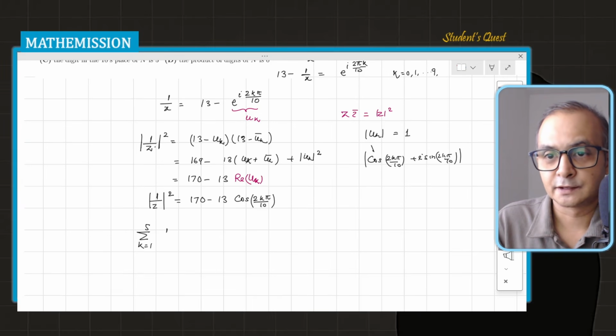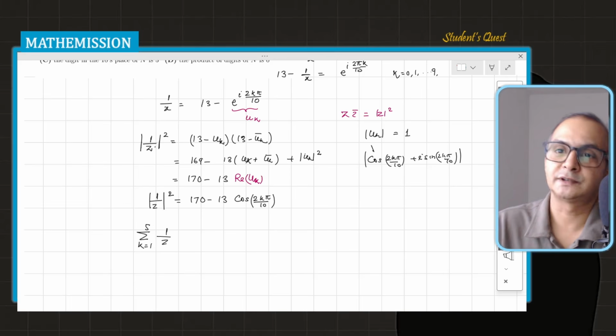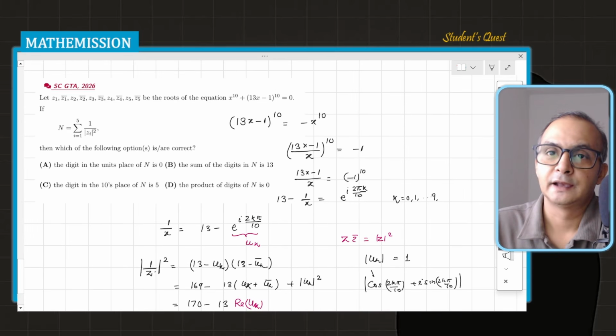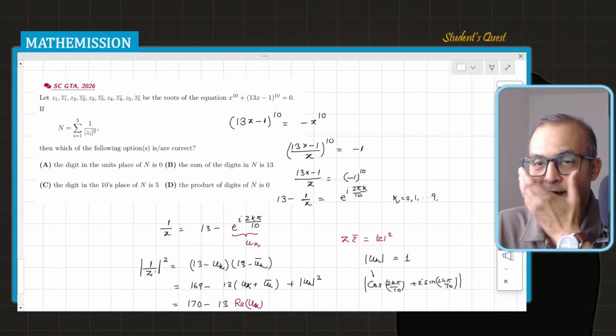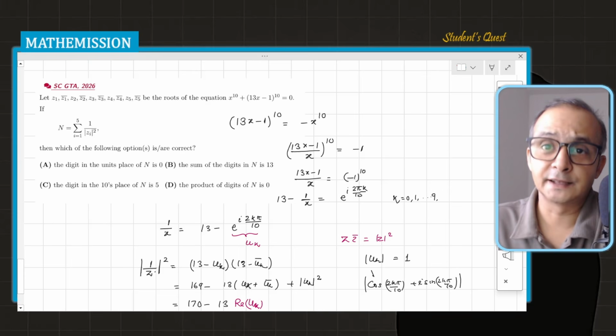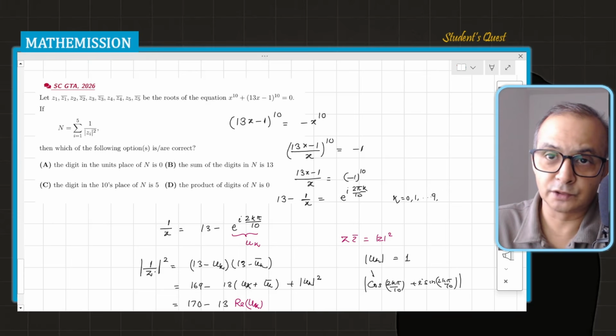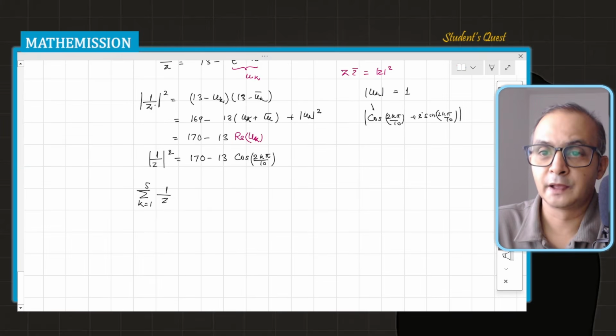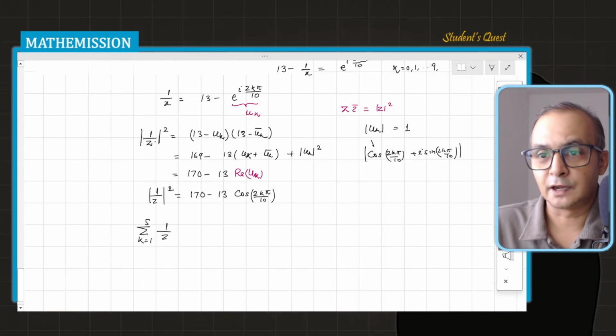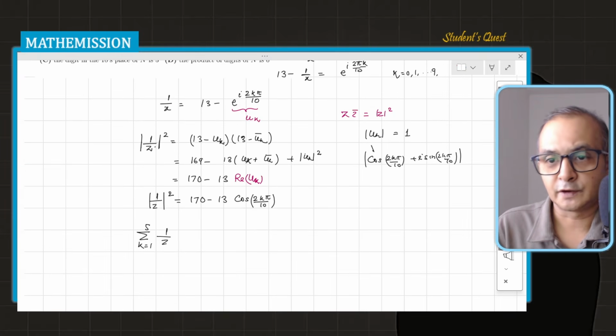I'm writing 1 by z_i, but no problem, because they are taking all these complex numbers as conjugates at this subscript, 1 1, 2 2, 3 3, 4 4 and so on, but it will not affect our calculation.